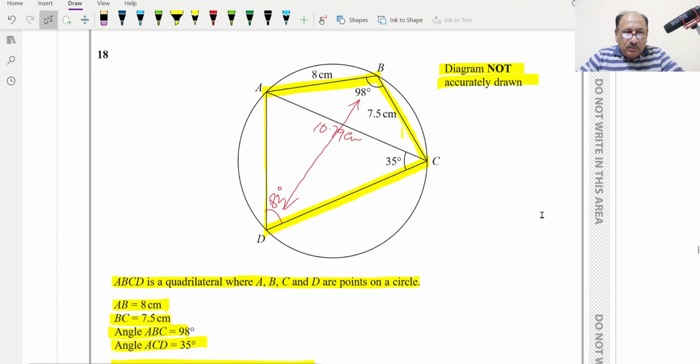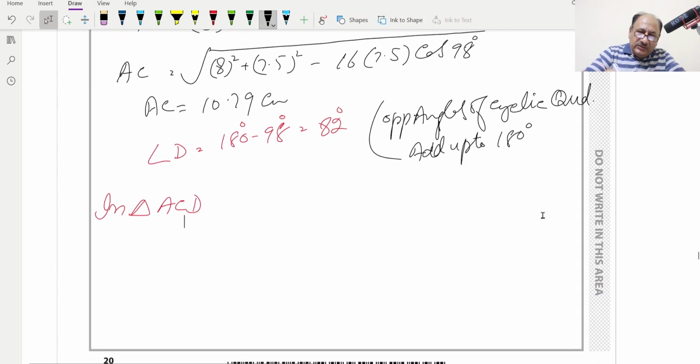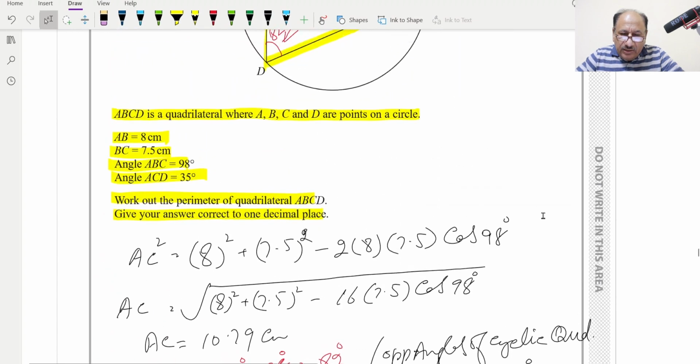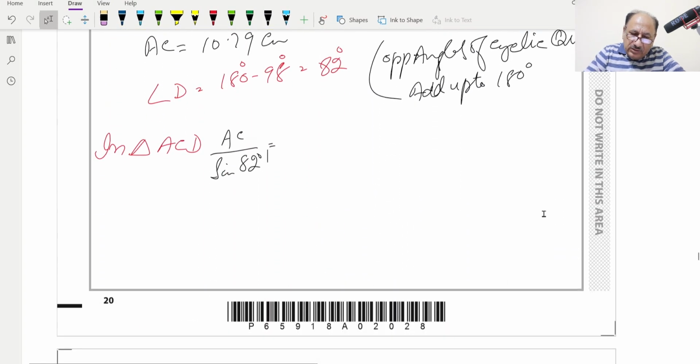AC over sine of angle 82 degrees is equal to AD over sine of 35 degrees, and this implies what?